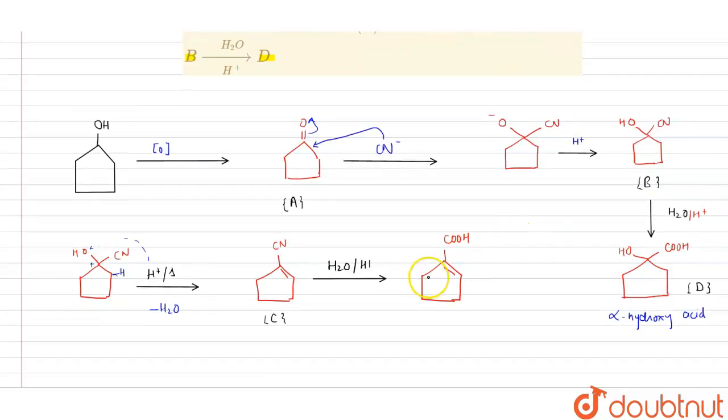So this is cyclopentenoic acid. The final product is this, this is our E product. We can find the IUPAC name as well. So 1, 2, 3, 4, 5, so 1-ene pentanoic acid. So this compound is our E compound.